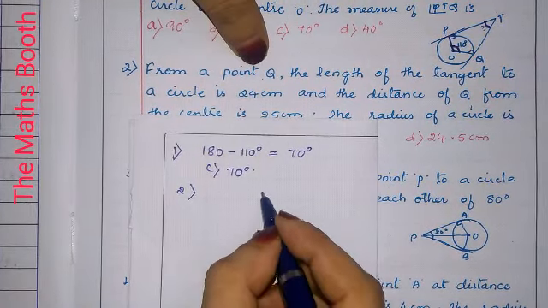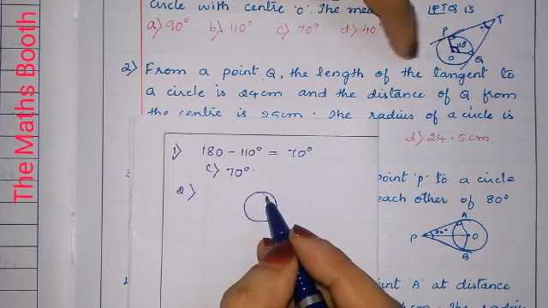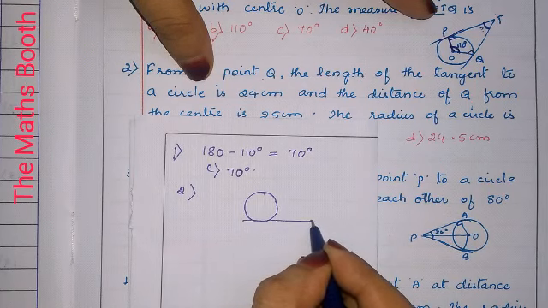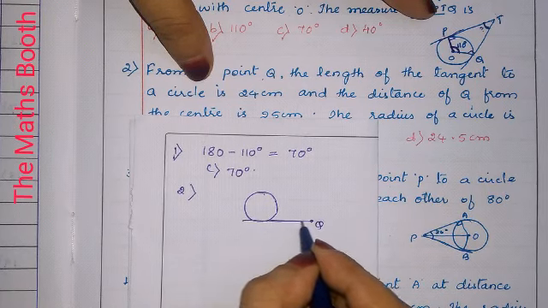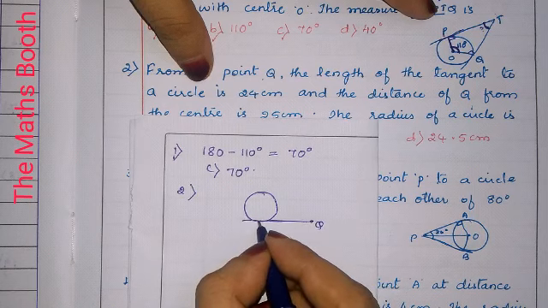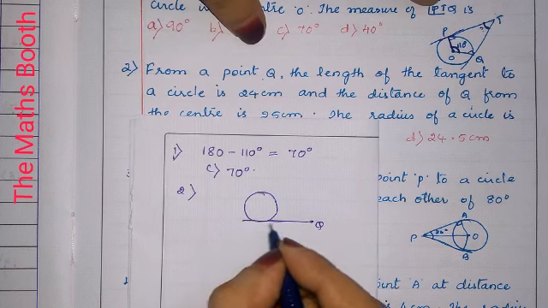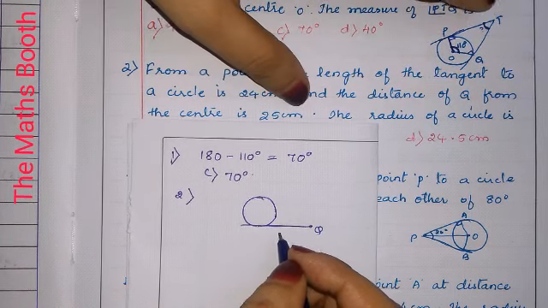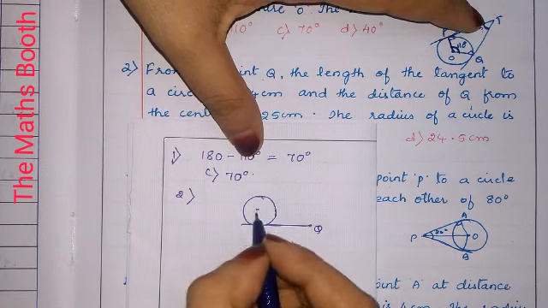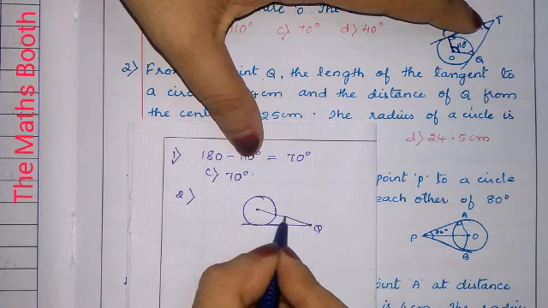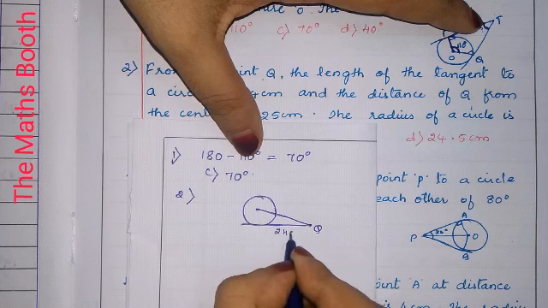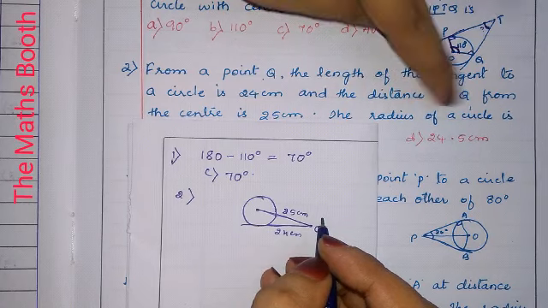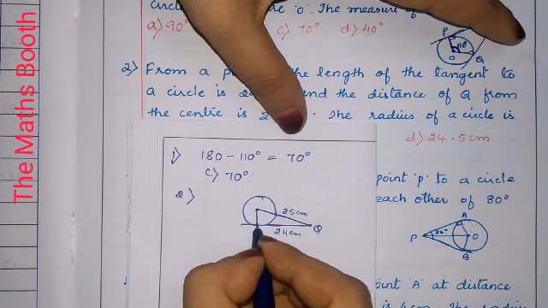From the point Q, the length of the tangent to a circle is 24 centimeters, and the distance of Q from the center is 25 centimeters. This is 24 centimeters and this is 25 centimeters. We have to find the radius of the circle. This is the radius.